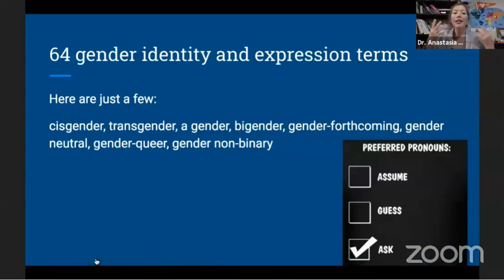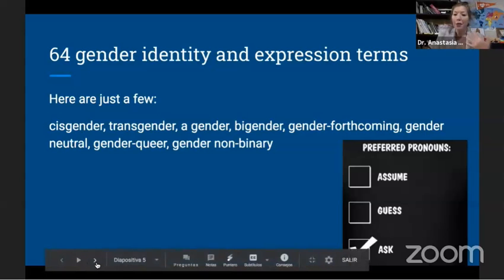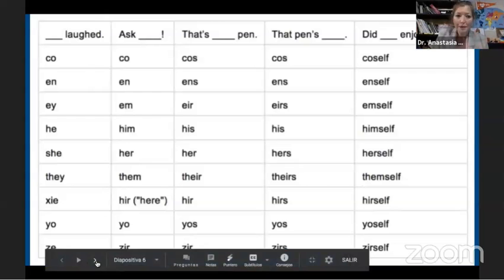So there are at least 64 gender identity and expression terms, and here are just a few. We have cisgender, transgender, agender, bigender, gender forthcoming, gender neutral, gender queer, gender binary. So it's always just important not to assume, not to guess, but you can ask because you don't really know how they identify.